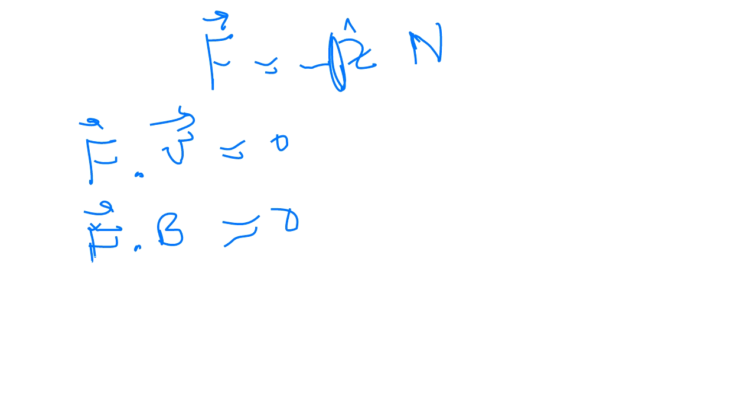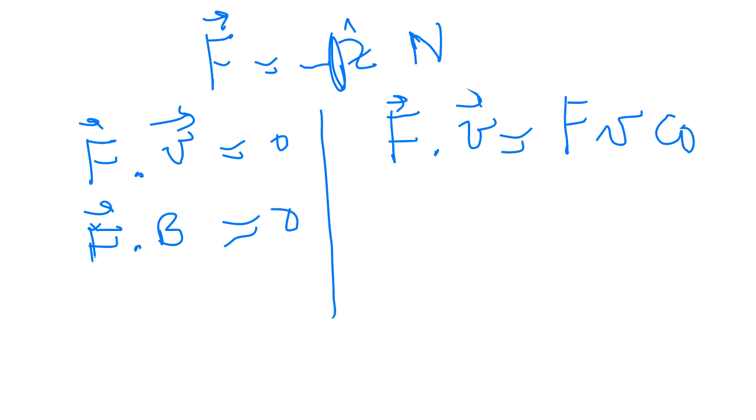Now what I need to do is show this. I know from my definition of the dot product that F dotted with V is simply F V cosine of the angle between them.